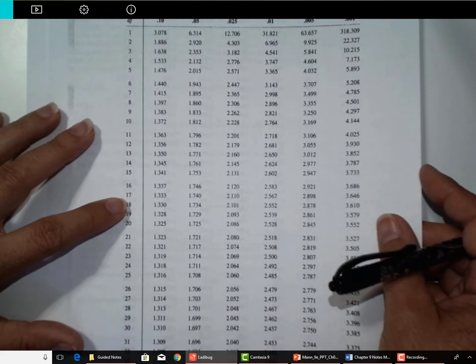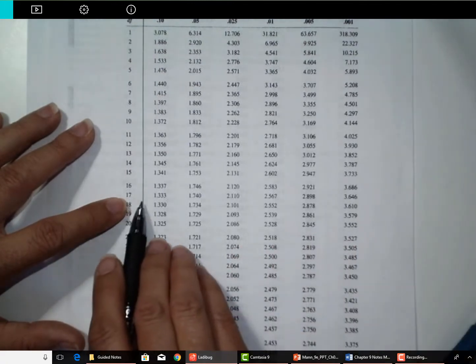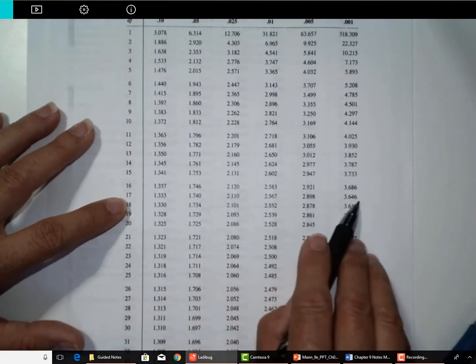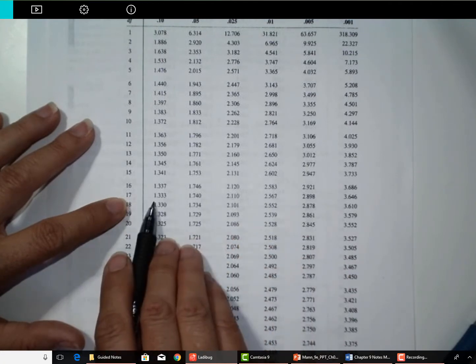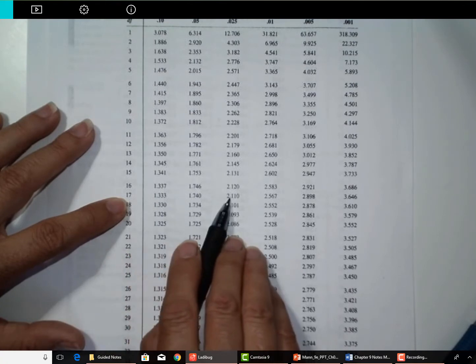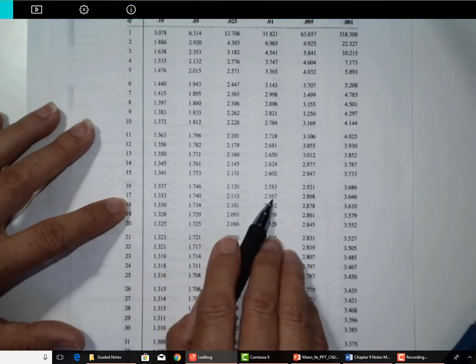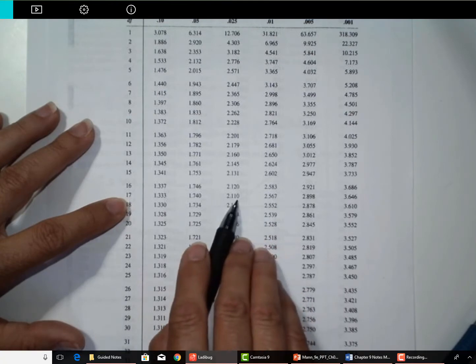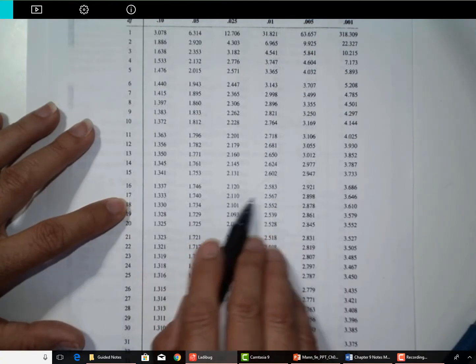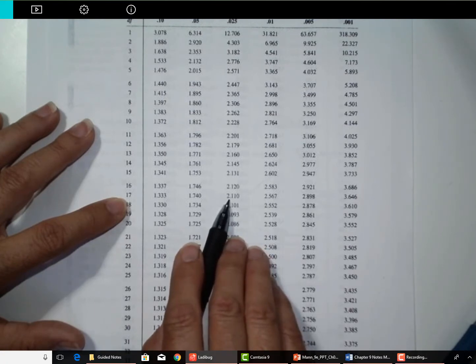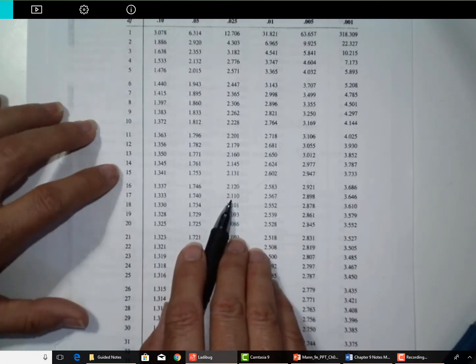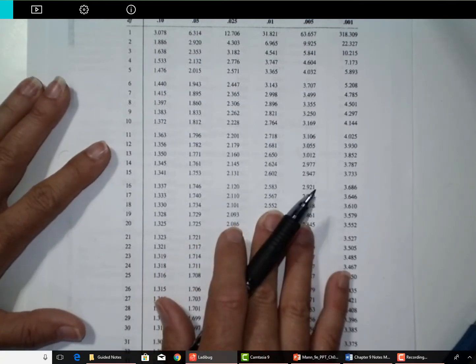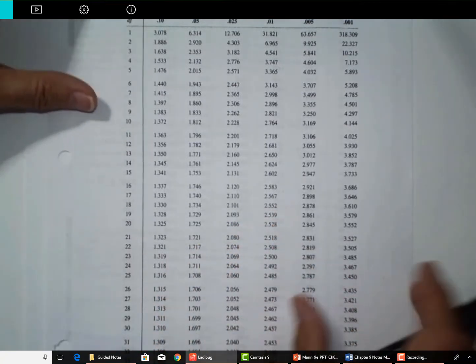I still have to stay with my degrees of freedom of 17. So I can only use this one row right here. So I'm going to stay with my 17, and I'm going to say, where is it? 2.121, 2.11, 2.1567. I'm really close to this number. I'll never be exact with it, but I'm really close to this number, and I'm going to use that area, which if you can see at the top is 0.025.